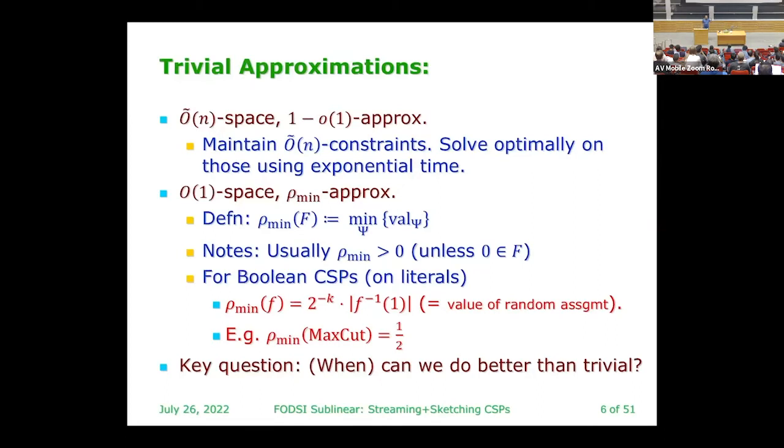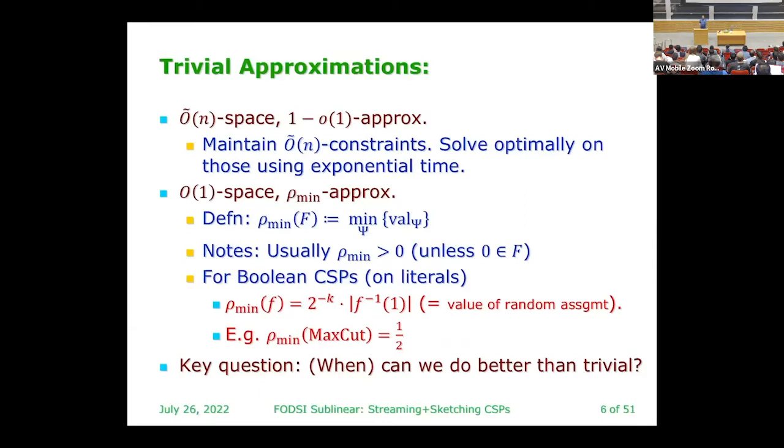That's clearly an approximation factor you can achieve on every input that you get. So let's say rho min is the value associated with a particular family of functions: the minimum over all instances of the value of that instance. Can you ever do worse than rho min? I mean, no. Your algorithm which looks at every input and says, oh, rho min can be satisfied, is always correct. It's a rho min approximation.